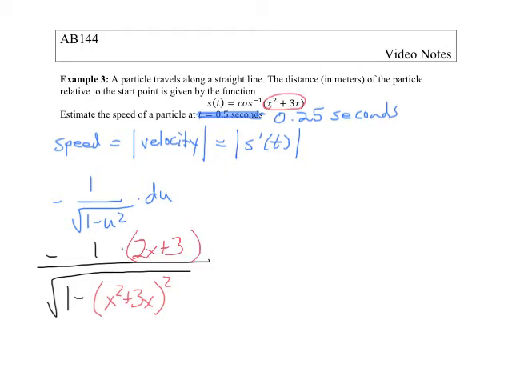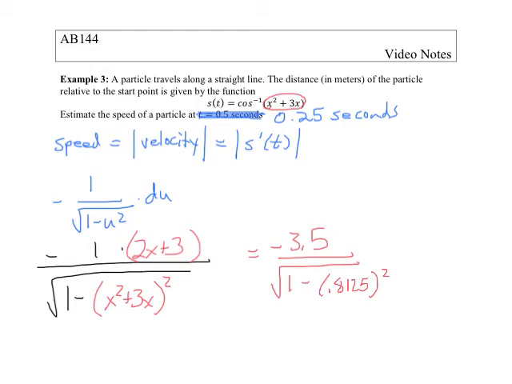So if we go about plugging these values in the numerator, we're going to get 2 times 0.25 plus 3 times the negative 1 comes to negative 3.5 in the numerator, and in the denominator we're getting the square root of 1 minus 0.8125 squared.